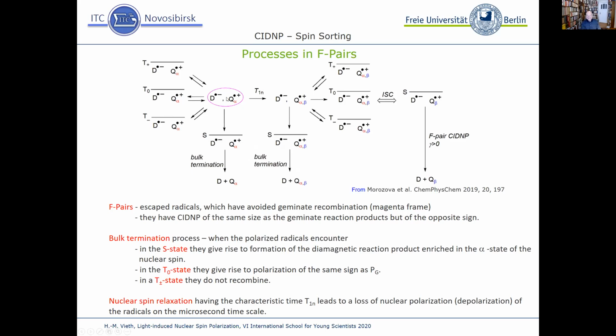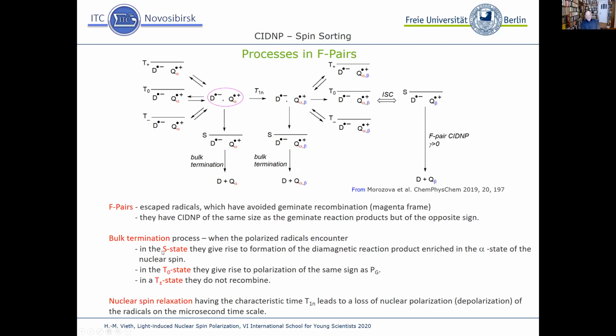And these radicals move in the soup and can again meet each other, and we get what we call bulk termination processes. Termination between individual pairs of radicals which have lost their spin correlation.